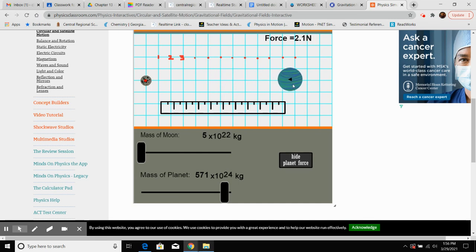So the farther away you get, the smaller the force gets. The closer you become, the larger the force becomes. So if these two things were basically right on top of each other, you're looking at a much higher force than if they were double the distance away from the original, etc.